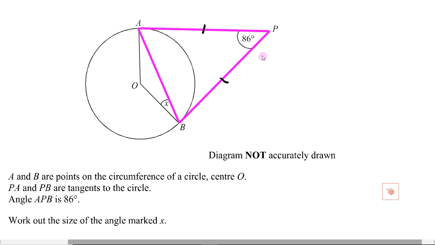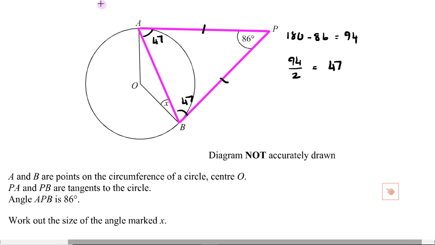Isosceles triangle, angles in a triangle add up to 180, and in an isosceles triangle these two are the same. So we've got 180 minus 86 equals 94. 94 shared between the two, so 94 divided by 2 is 47. So I've got 47 and 47.